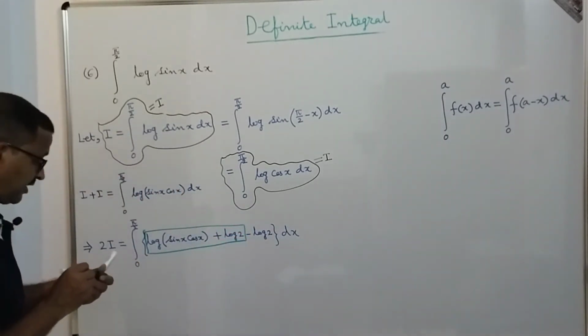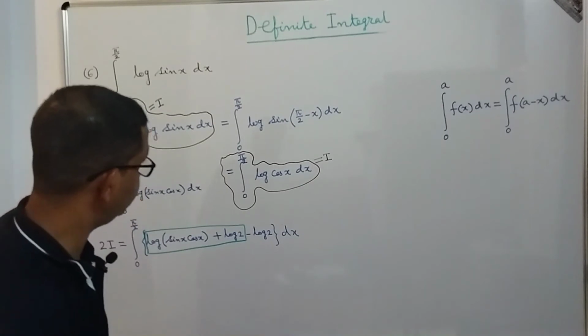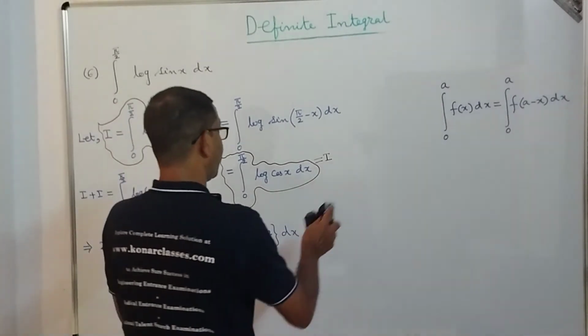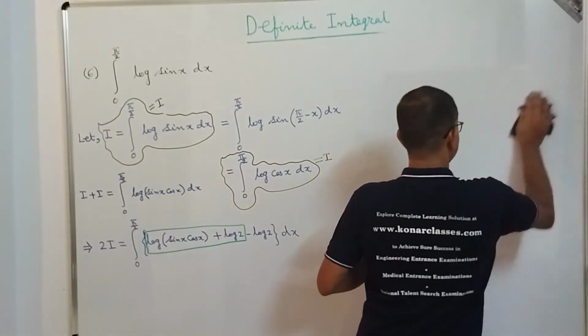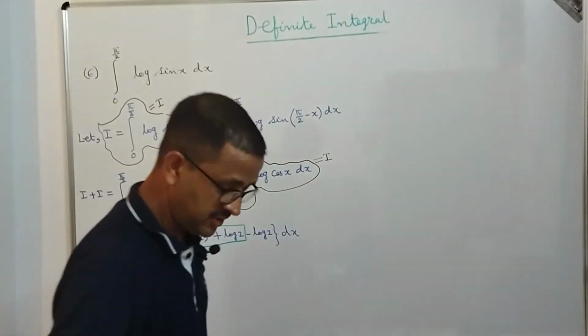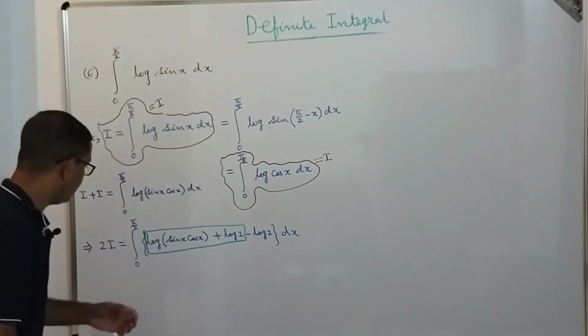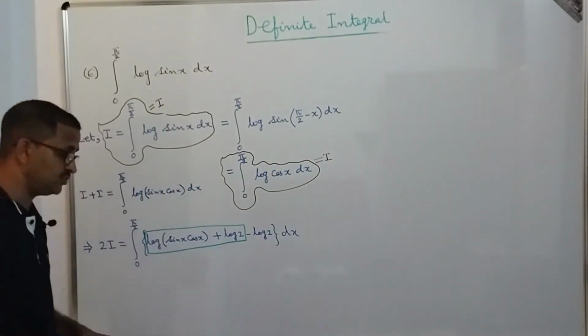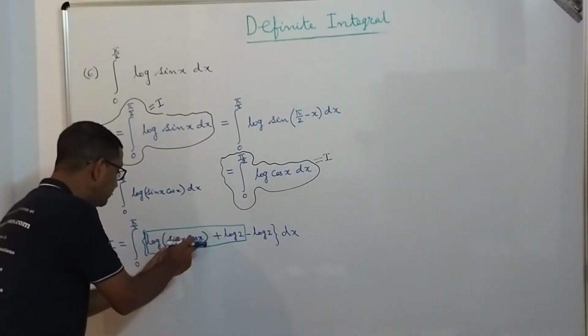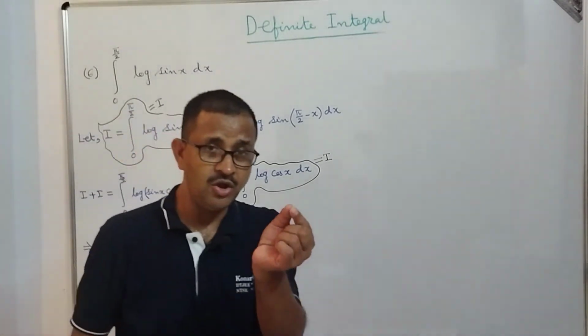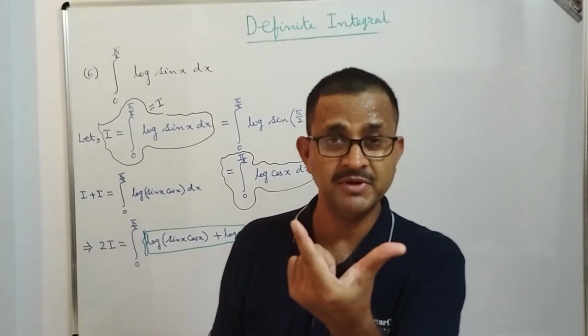Now we will use the property of logarithm for these two. So 2I is equal to the integral from 0 to pi by 2 of log sin x cos x plus log 2. That means log of 2 into sin x cos x, because we know log m plus log n is equal to log of m into n.